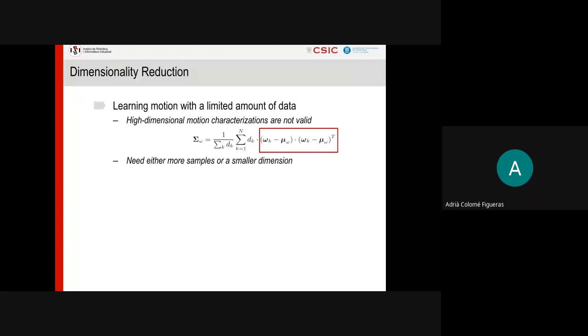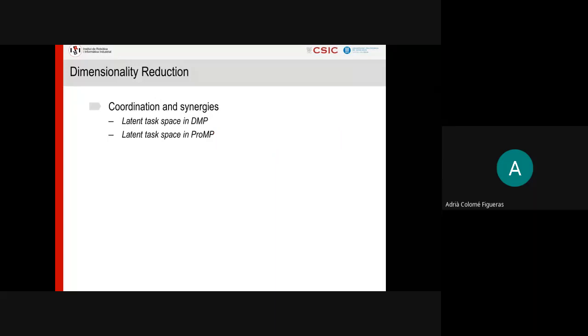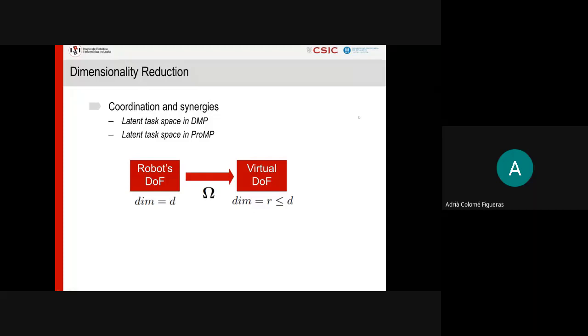To reduce this dimension, we can work in latent spaces of the motion characterization. We can use latent spaces in dynamic movement primitives and probabilistic movement primitives, by projecting the robot's state into a latent space.